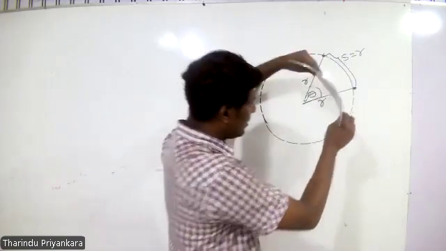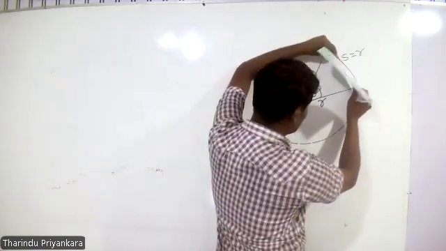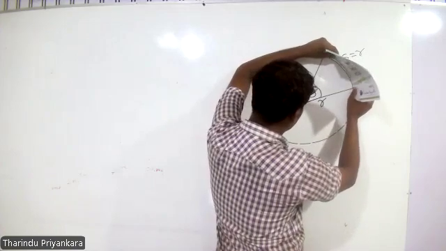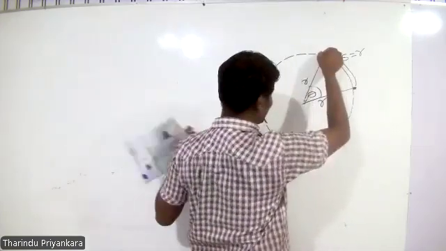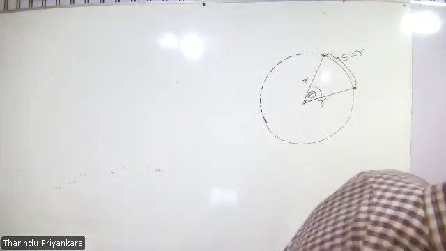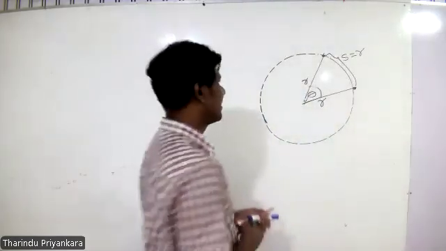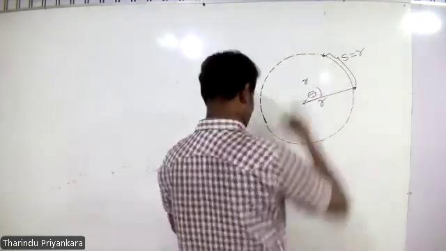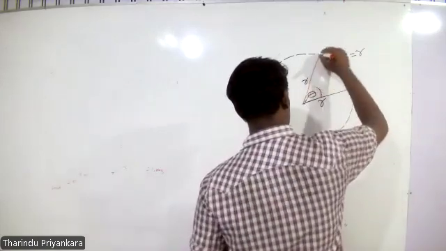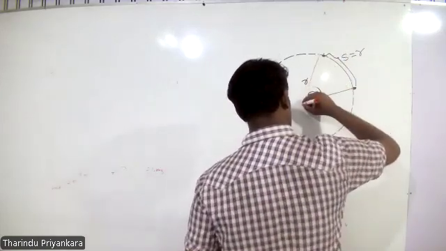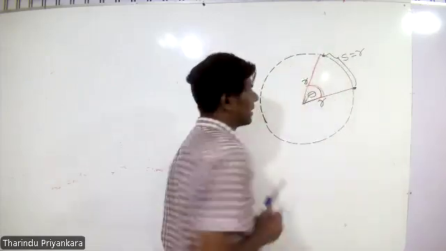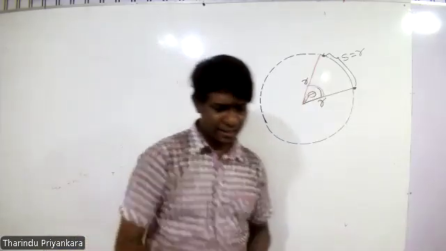I am going to measure the curved path from here by bending it. My measurement slightly went wrong. Right. Can you understand it?